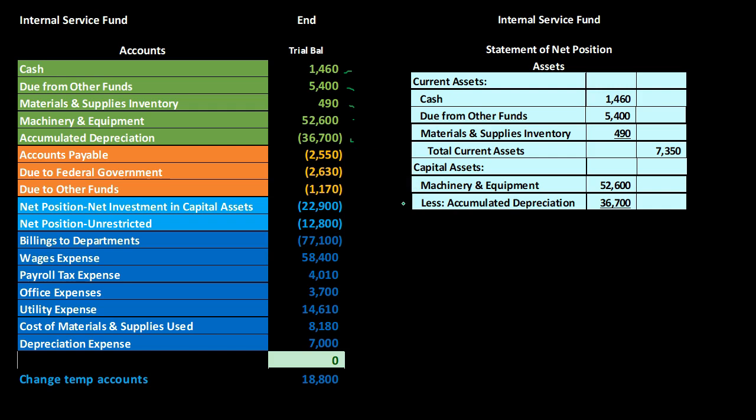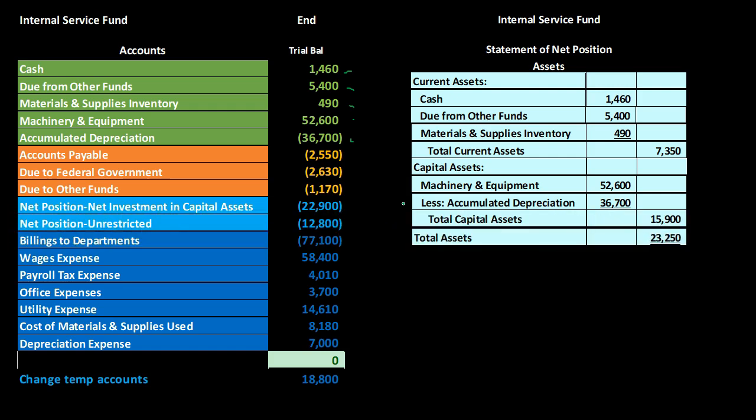If we subtract those two out, then the 52,600 minus the 36,700 gives us the 15,900. Then we're going to total up the total assets, that being the total current assets, the 7,350, and the total capital assets, 15,900, to give us the 23,250.